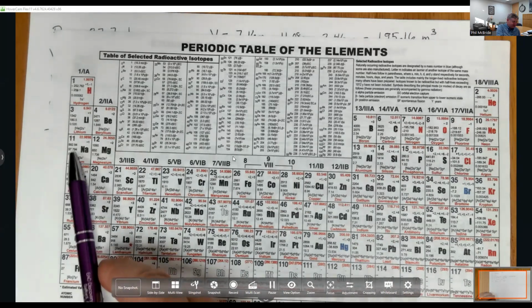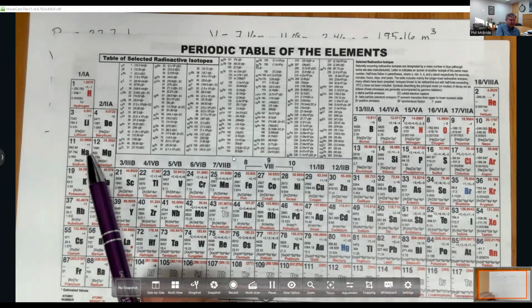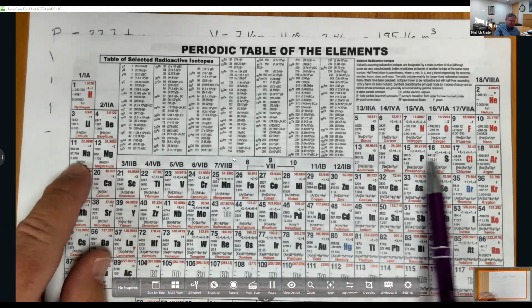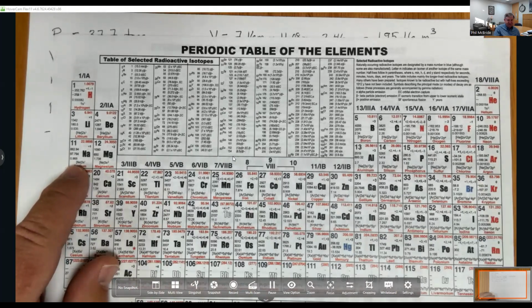We get larger or smaller as we go left to right. Sodium. Sodium larger or smaller? Larger. All right, so as we go across, because there's more protons, it pulls the electrons in tighter, so we get smaller going left to right.